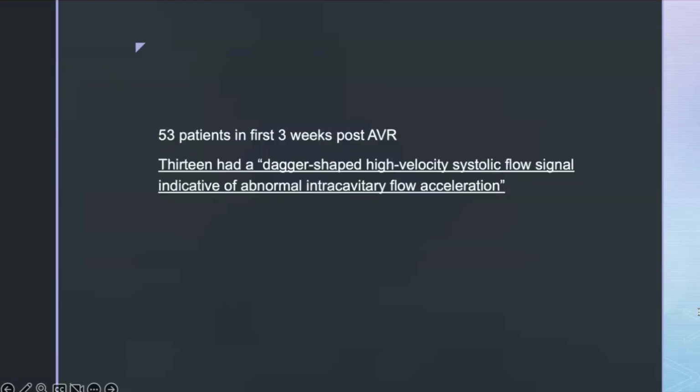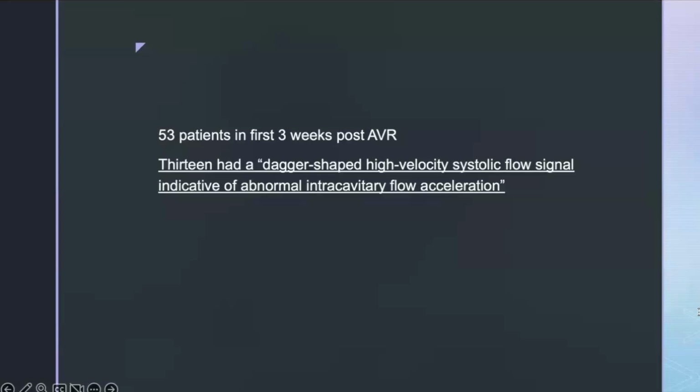And so in this study, there were 53 patients within 3 weeks post-AVR, and they were found to have a dagger-shaped high-velocity systolic flow signal indicative of abnormal intracavitary flow acceleration. And then you might ask, well, why 3 weeks post-AVR? Oftentimes they're only in the ICU for a short amount of time.